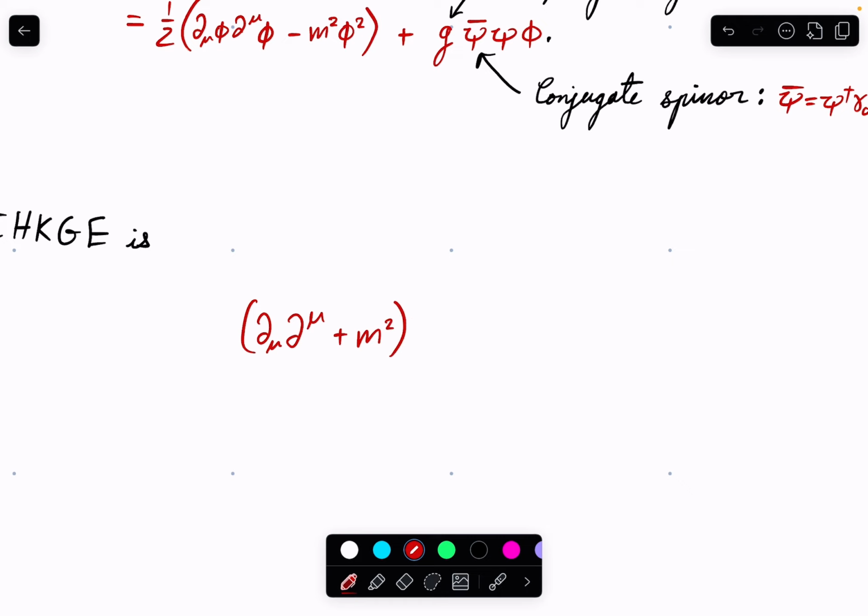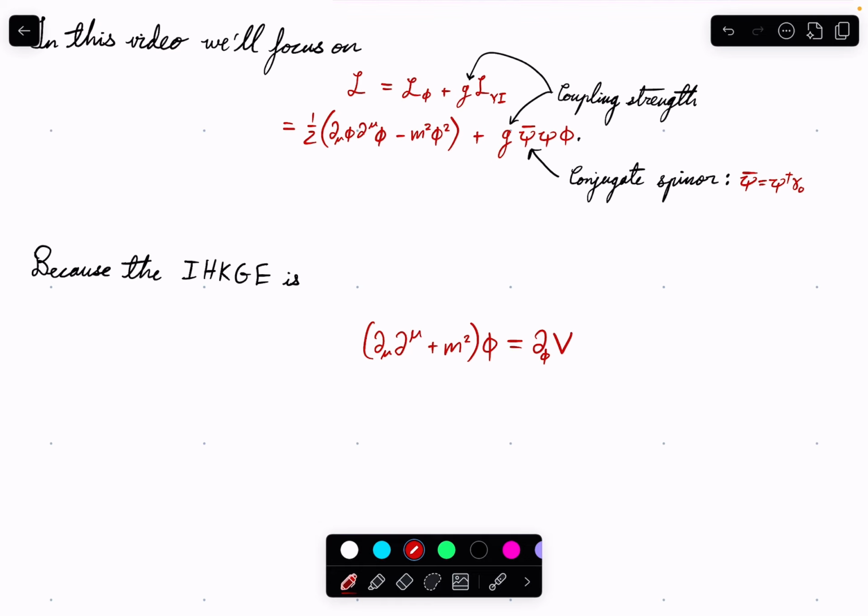Okay, I made a mistake in my notes. I accidentally erased the squared when I was erasing something on the opposite side of the paper. And it's equal not to 0, but to the derivative of an interaction term with respect to the field.